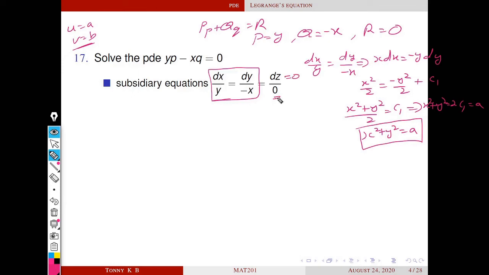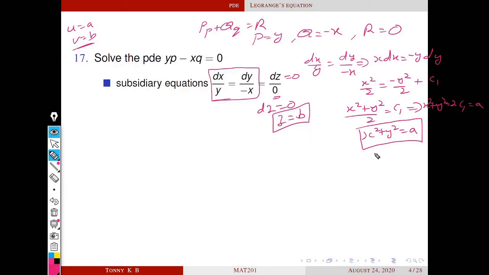This is not in our usual calculus; it is an algorithm for solving subsidiary equations. So here dz equal to 0. You simply integrate on both sides, and z is equal to some b. So now we have two solutions, x square plus y square equal to a and z equal to b.